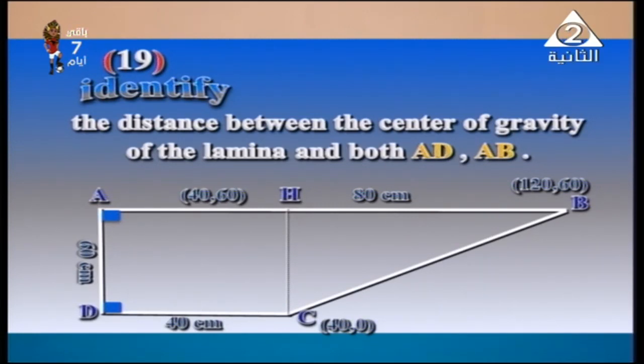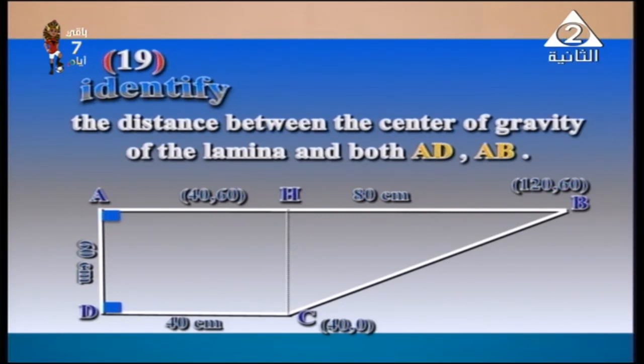My dear student, we have trapezium ABCD, and we know that measure of angle A and measure of angle D each equal 90 degrees. In the opposite figure, we know that DC equals 40 centimeter and AD equals 60 centimeter, but AB equals 80 centimeter.